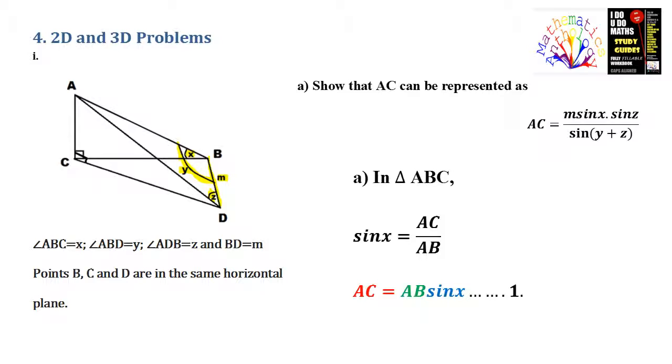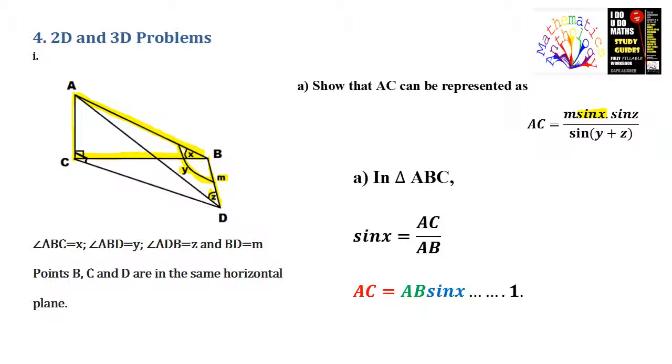So let's start. I see a sine X there, and I can see that I have an angle X which is in a 90-degree triangle here. It's always easier to work with 90-degree triangles, so let's do that first. So in triangle ABC, which is this triangle on the top here, I will try to find sine X only because I have sine X here in the question.